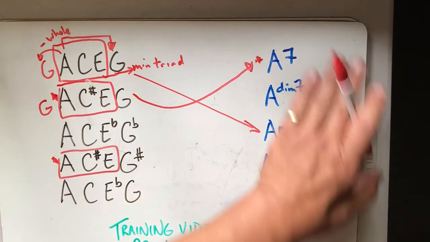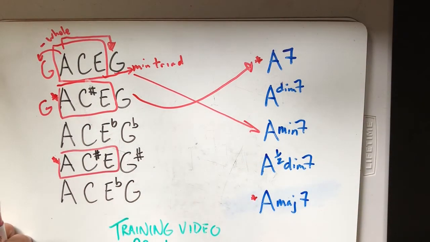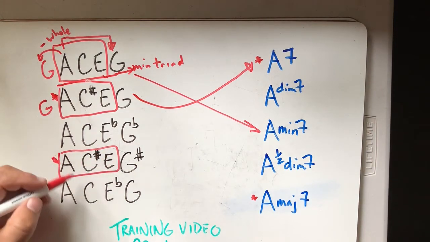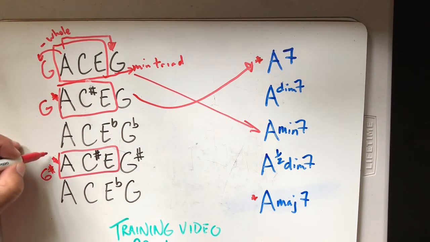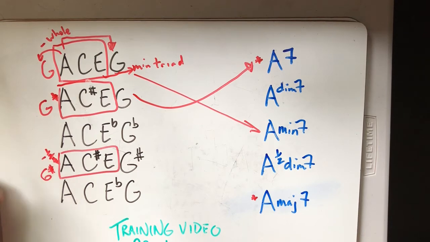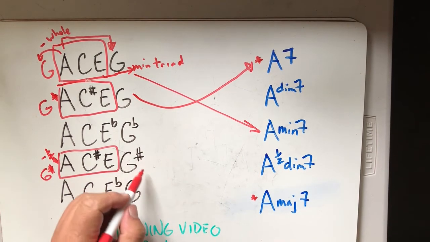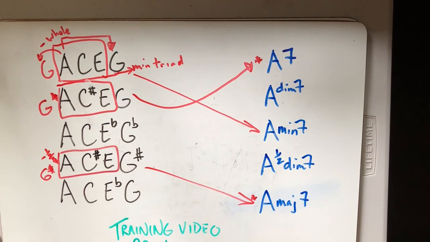Got to know what the definitions are, and should be able to match them up, but deduction really helps. That means that this has a major triad, and G sharp is a half step down, right? And that's your major 7th. Also, another thing you can do is if you're organized on the test, you can eliminate the ones that you know really, really well, and then just get down to brass tacks on these.